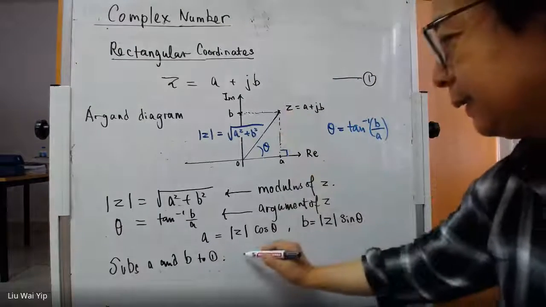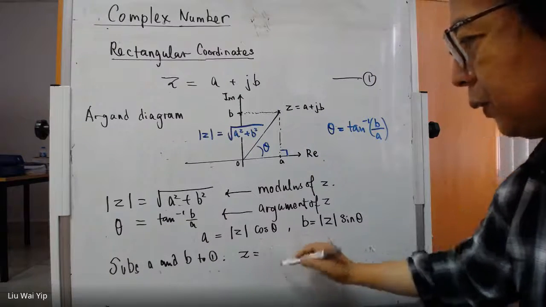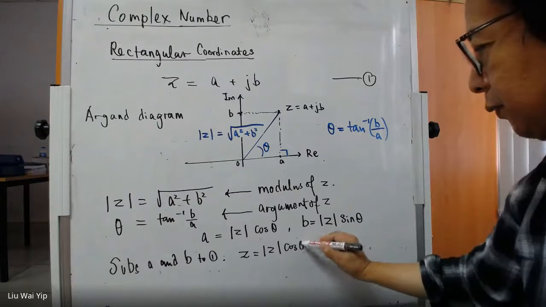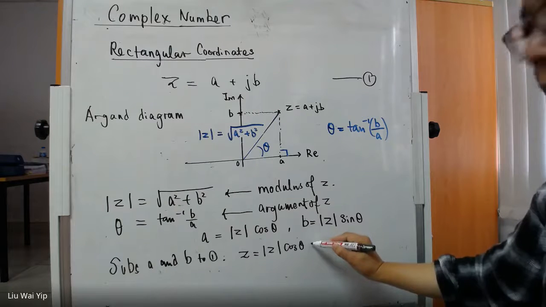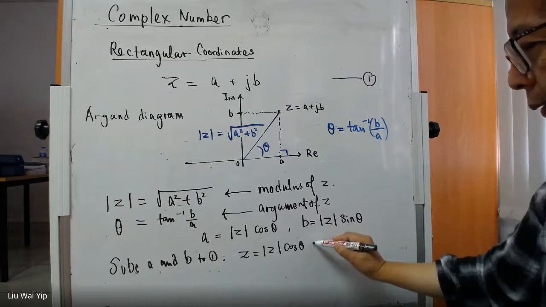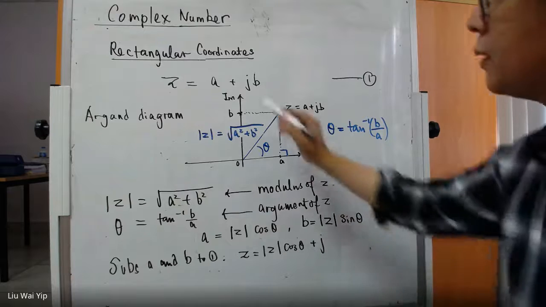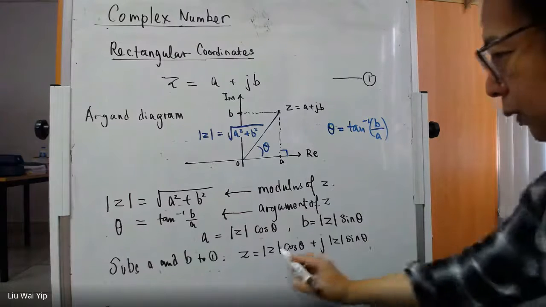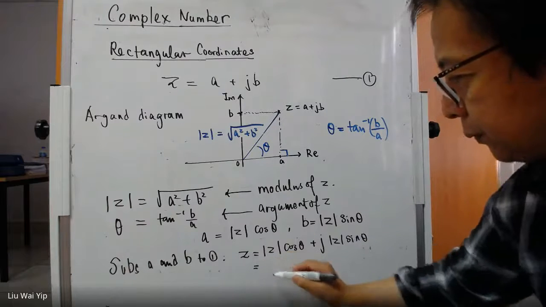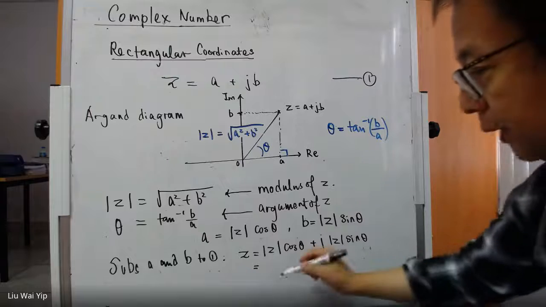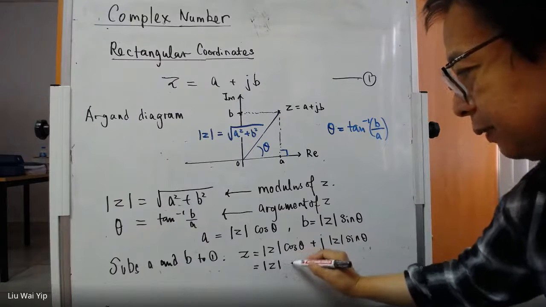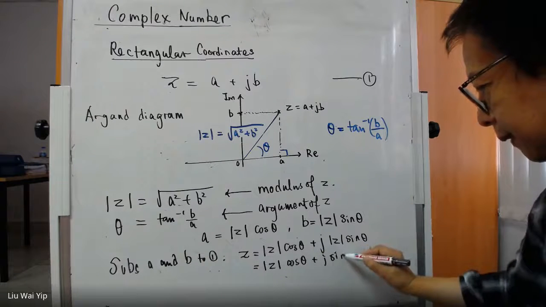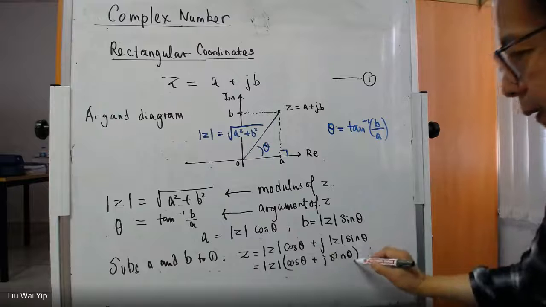We get Z is equal to the absolute value of Z times cos theta, plus j, because you have a j term here, times sine theta. We do a little bit of algebraic manipulation, and we end up with Z equals modulus times cos theta plus j sine theta.